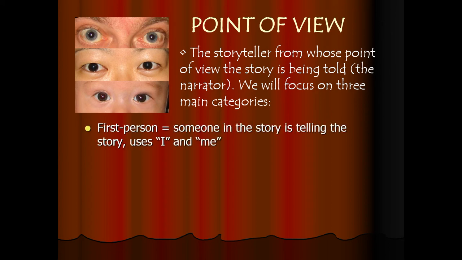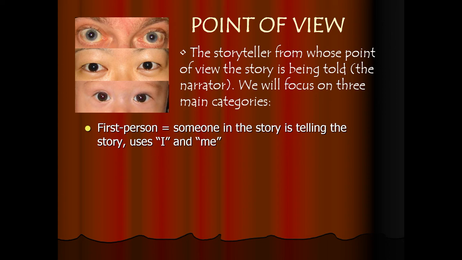Okay, so the first is first person point of view. So this is a story that's told from the point of view someone in that world. They are bound by the rules of that story. They're bound by the rules of that setting. You'll see I and me, my, we, our, these first-person pronouns.